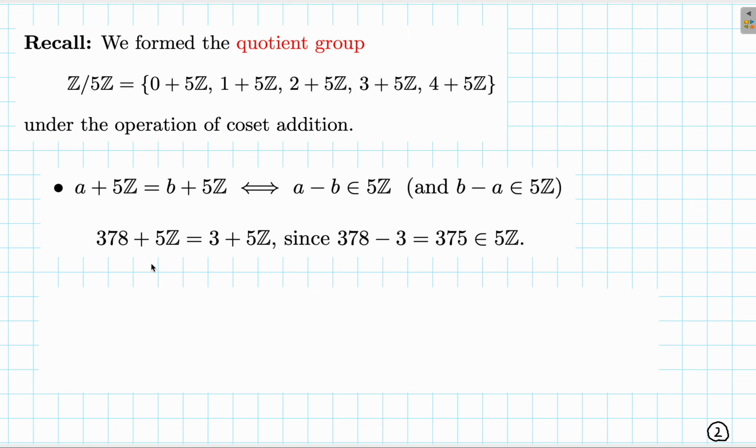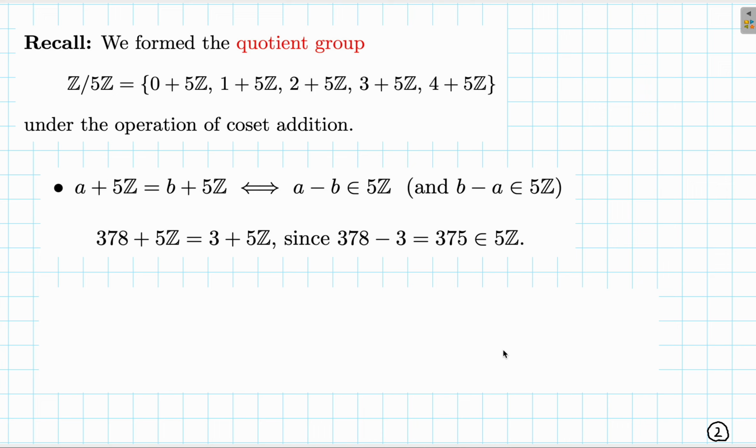For example, the coset 378 plus 5Z is equal to 3 plus 5Z because 378 minus 3, or 375, is contained in 5Z. And using this property, all cosets in Z mod 5Z can be reduced to one of 0 plus 5Z, 1 plus 5Z, 2 plus 5Z, 3 plus 5Z, or 4 plus 5Z.